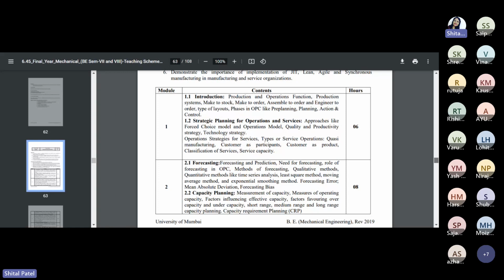Next question. Explain the strategies adopted for the planning of operations and services. So at that time, you need to explain quality, productivity, and technology strategies.